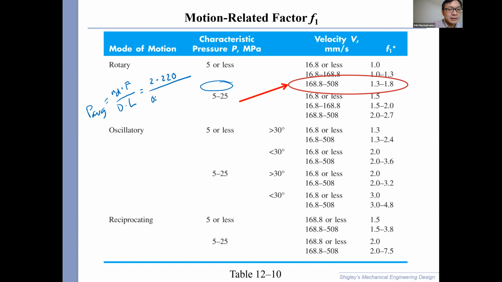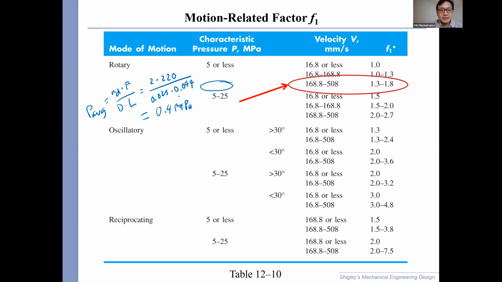Kita pilih yang 25 aja ya. Ada yang bisa hitung? Berapa average pressure ya? 400.000 Pascal, 0,4 mega. Ya, 0,4 MPa.